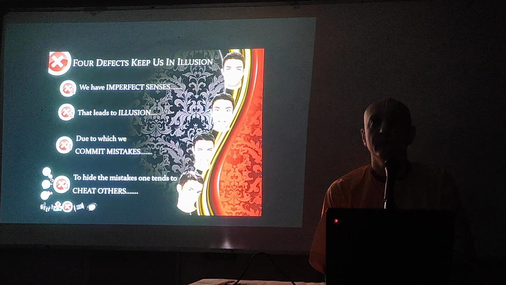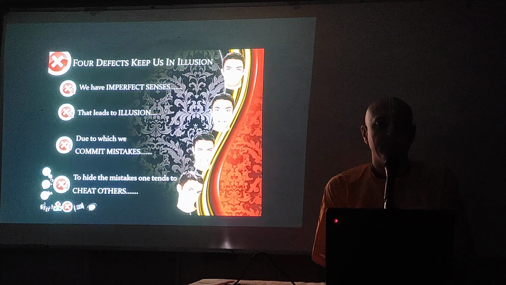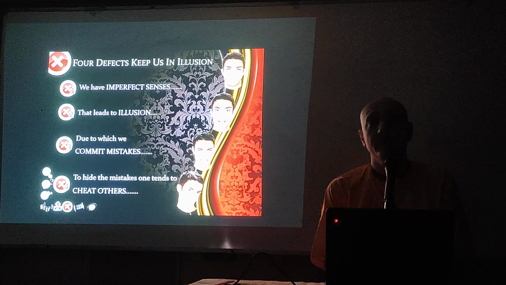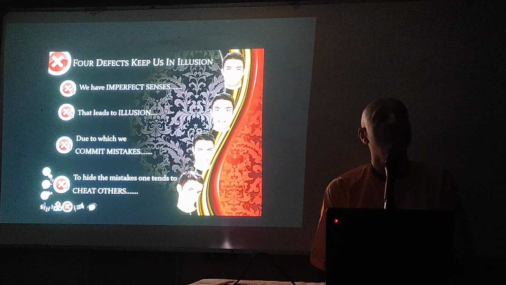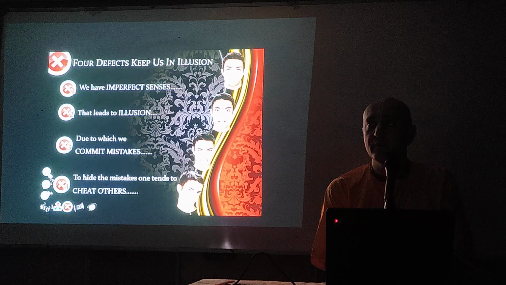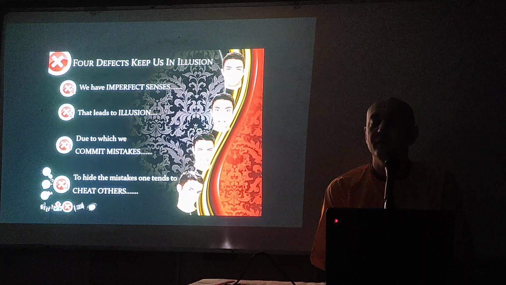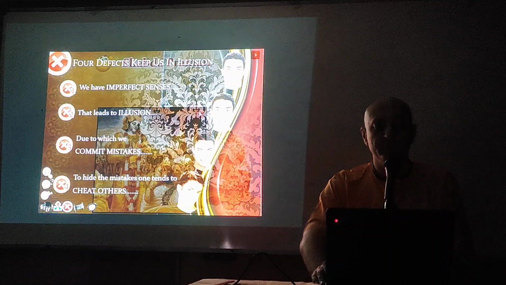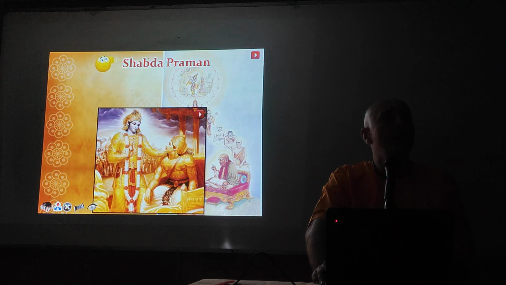That's why we are in illusion. We think that something is, but it's not. Because of that, we commit mistakes, and to cover and hide those mistakes, we have a tendency to cheat others. So that's our position. Therefore, the Vedas have a solution for that.